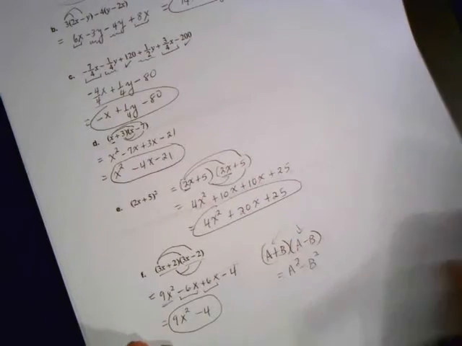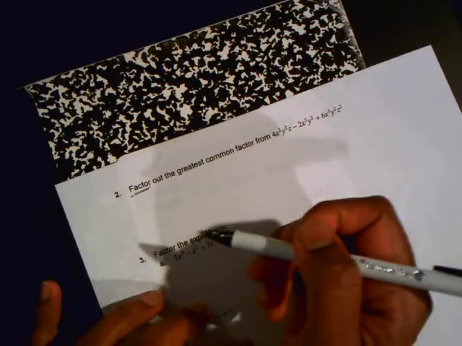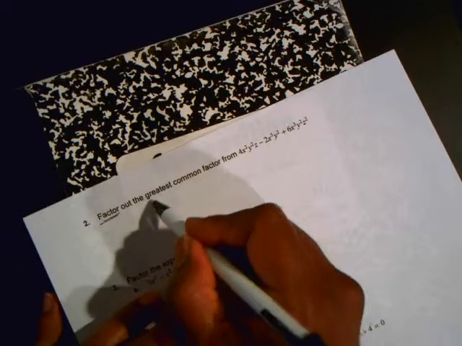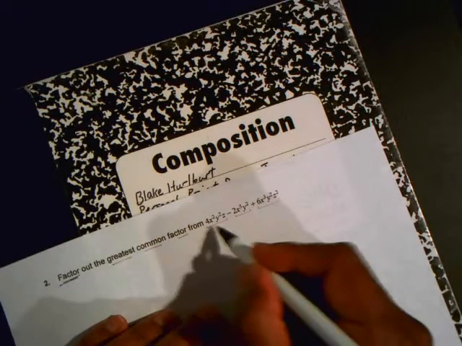Alright, the next question, rather than multiplying, we're doing the reverse of multiplication. So factoring is the opposite of multiplication. Here it says to factor out the greatest common factor from that expression. So look at each of these terms, starting with the numbers. 2 is common.